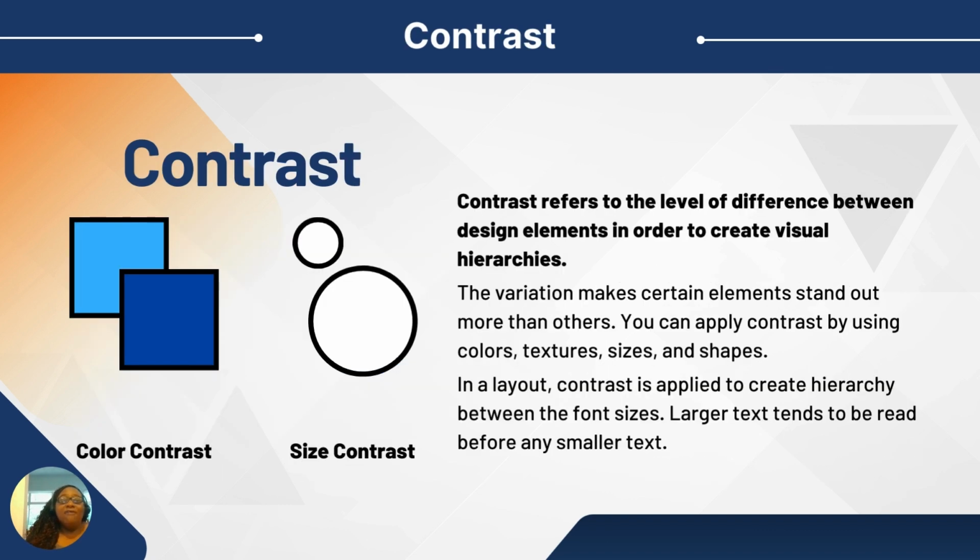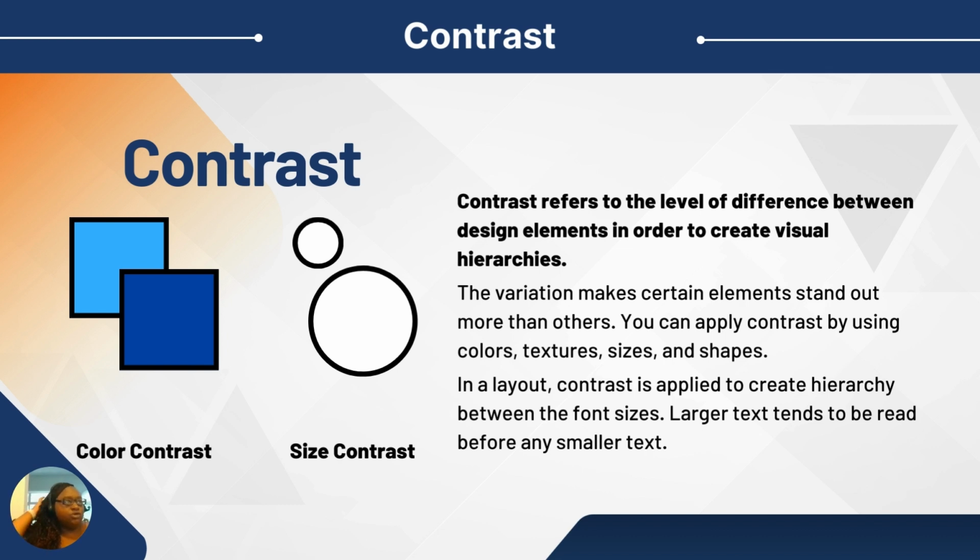Next, we have contrast. Now, you can have different types of contrast. Contrast refers to the level of difference between design elements in order to create visual hierarchies. Visual hierarchies mean the way we visually want people to see things in the order we want them to see them.